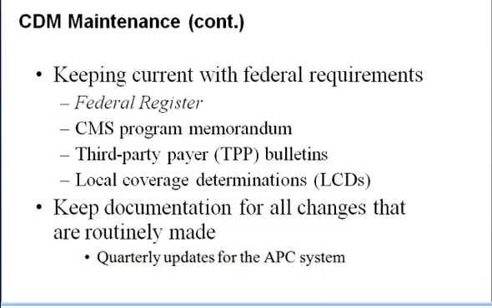Keep documentation for all the changes that are made, maybe in electronic format. The APC system is updated quarterly, so those changes will be happening on a fairly routine basis, but it's important to keep documentation on why the changes are made and what process they went through to become a finalized change in your charge description master.